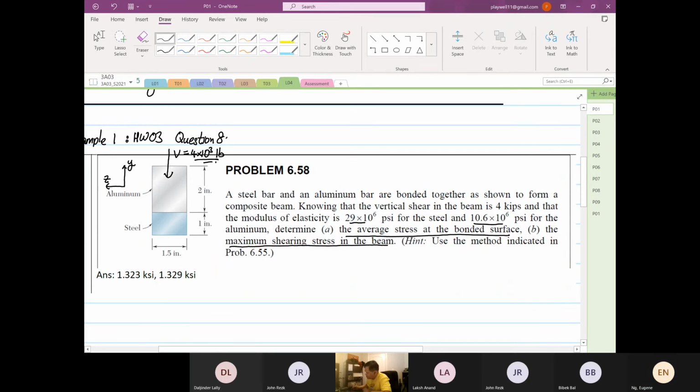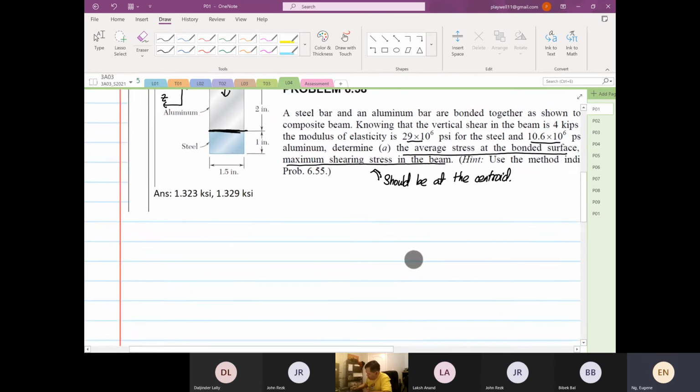Part A of the question asks what is the average stress at the interface, or on the bonded surface, and the maximum shear stress in the beam, and this should be at the centroid.